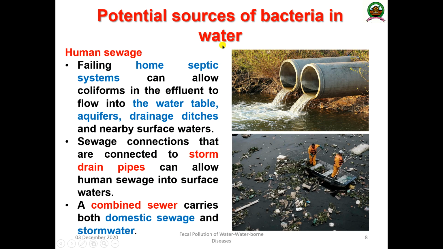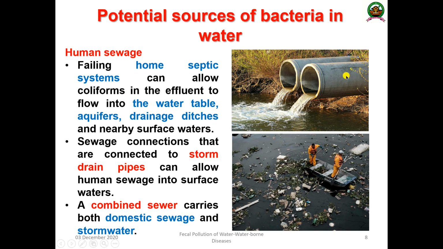Then again you can see the human interference. Human sewage: you can see the water has become completely black in color, with waste material thrown everywhere, mixed in and completely dumped. You can see all sorts of plastic material, bottles, and other such waste materials.